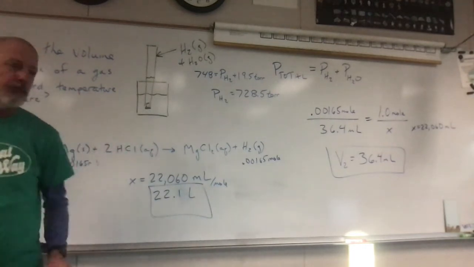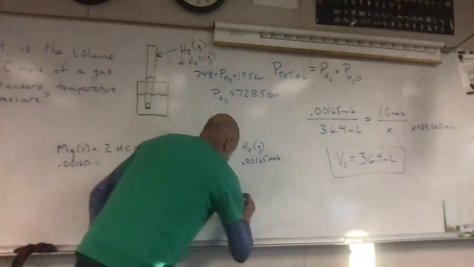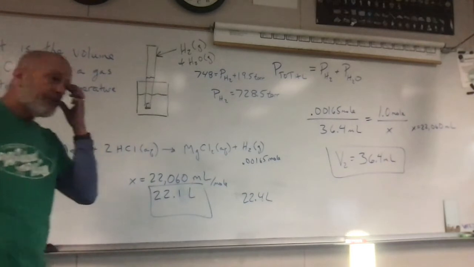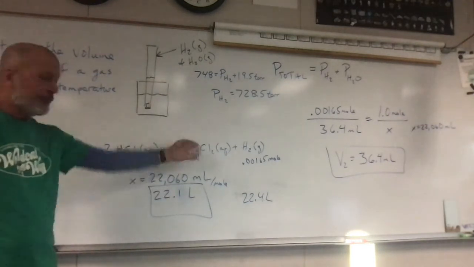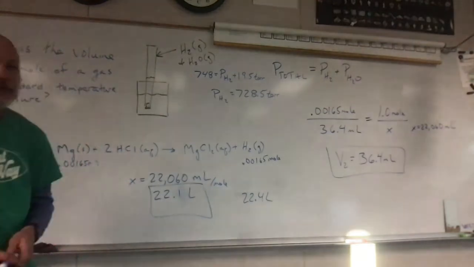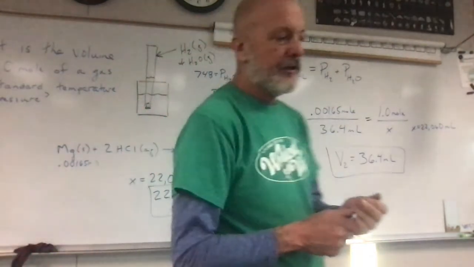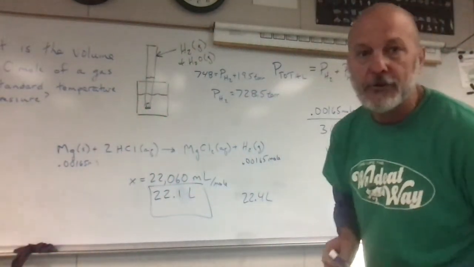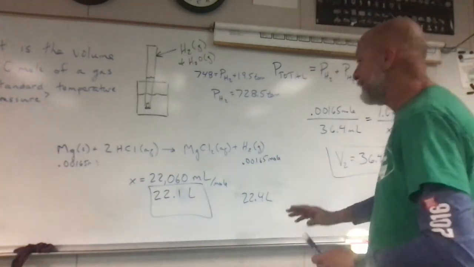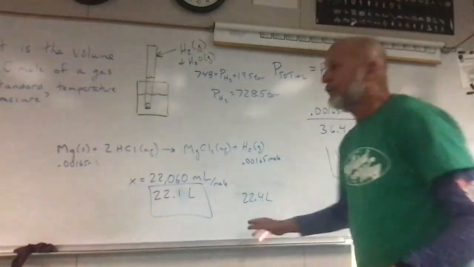The actual number is 22.4 liters. Right? So we came pretty close, depending on where your data is. That's our target number. We didn't miss by much because I think the numbers I used were close to your lab numbers. So let's work with that. That's going to be an important number for us as we go forward.